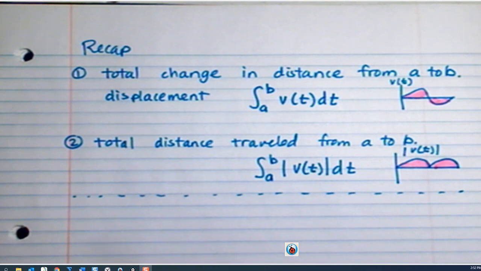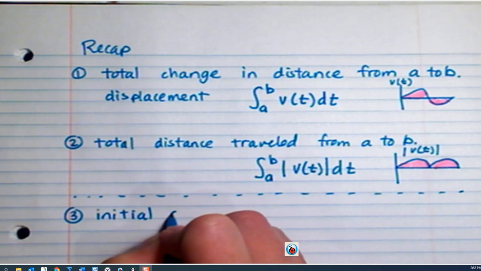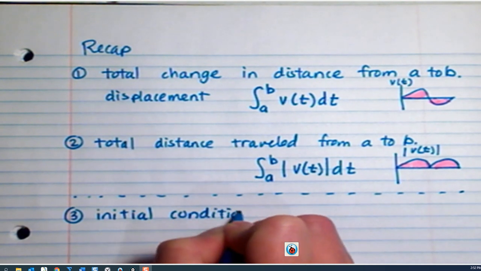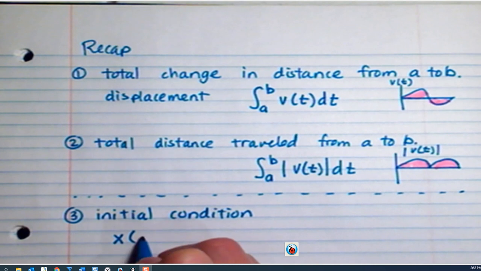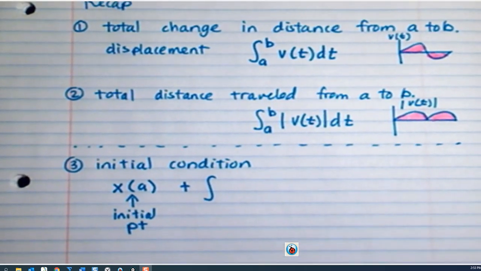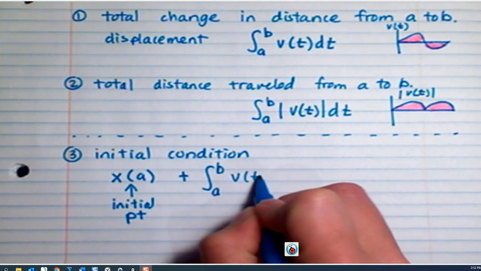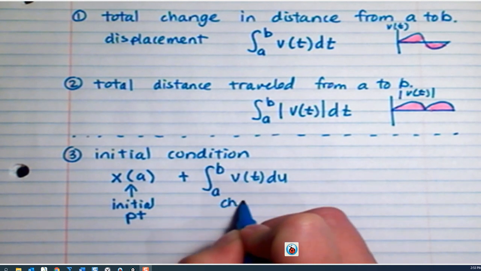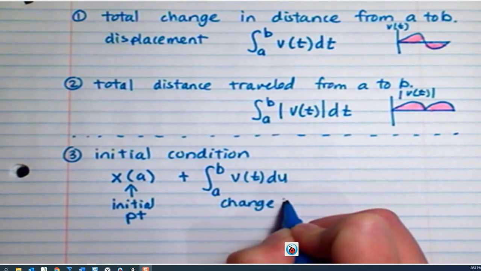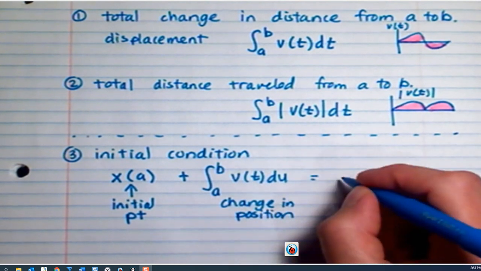Okay. So then we have a different formula, and this one is the initial condition. And that's where you take an initial point and you add the change to it. The change from A to B, okay? Change in position equals.